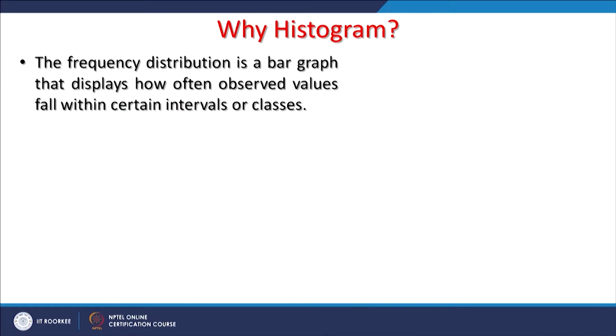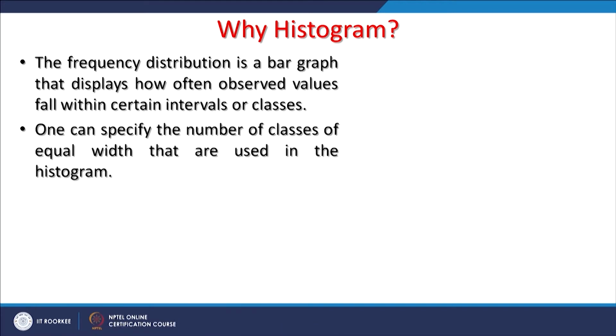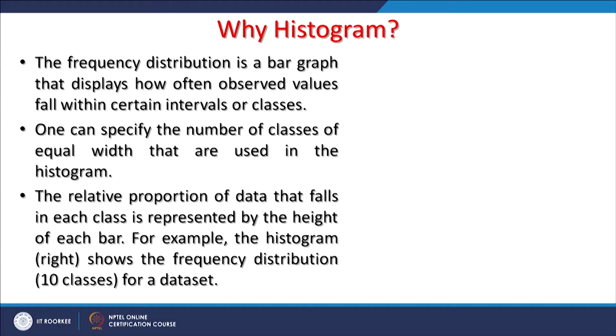Basically, it is a frequency distribution in a bar graph that displays how often observed values fall within certain intervals or classes. These towers which you see are basically the different intervals or classes. We can also control the number of classes and how these things are displayed, and the relative portion of data that falls in each class is represented by the height of each bar.